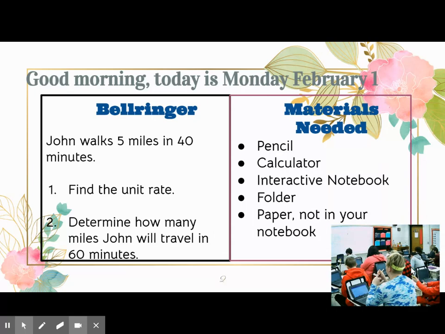So those would be equivalent. Let's do 18. 3 times what is 18? Okay, what's 5 times 6? That would be 30. So are these equivalent? No. There you go. That's how you figure out if they're equivalent.